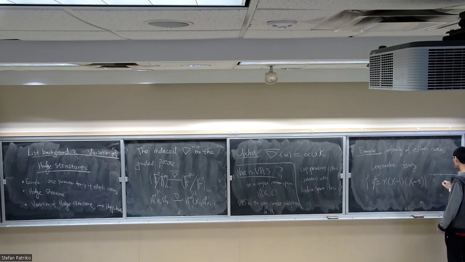At 0, 1, and infinity it's going to give you different fibers. So at 0 it gives you a nodal fiber, 1 will give you a nodal fiber, and infinity gives you this reducible fiber with two components of rational curves.